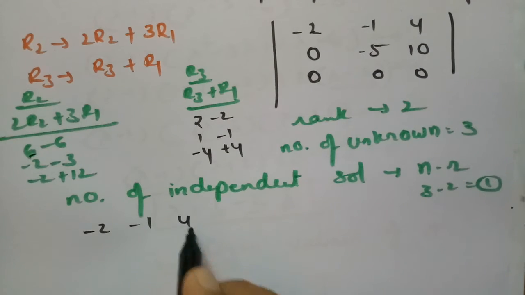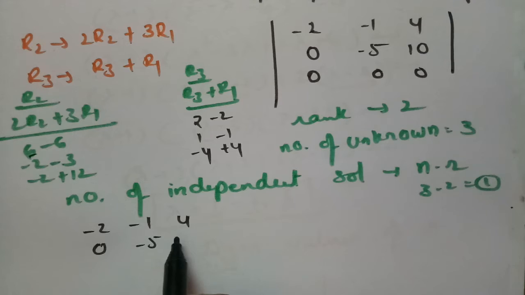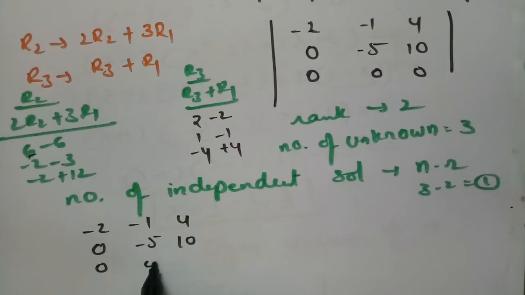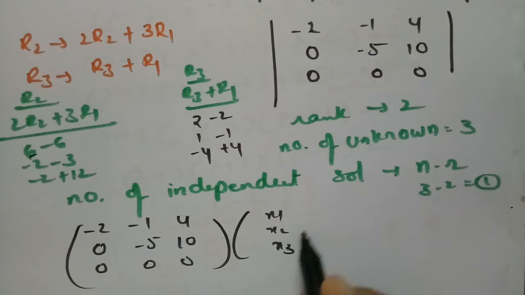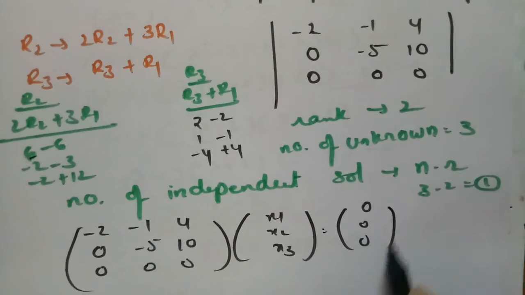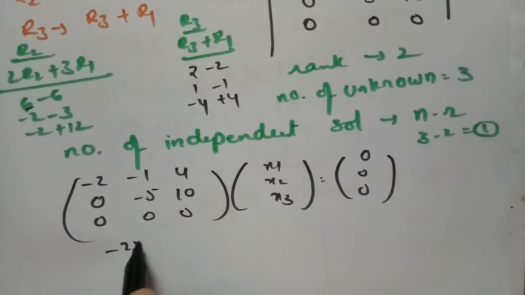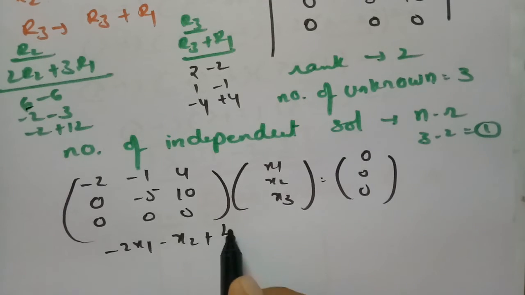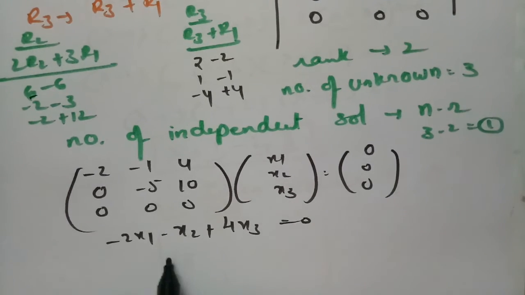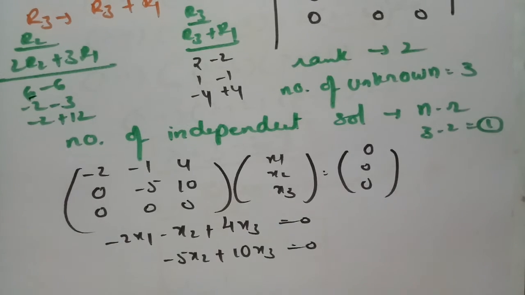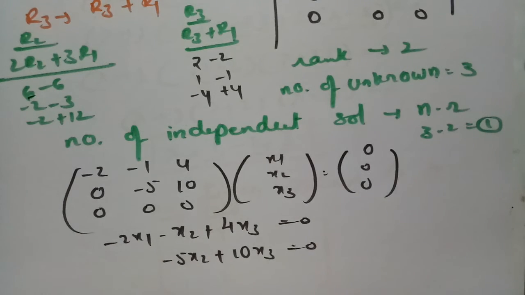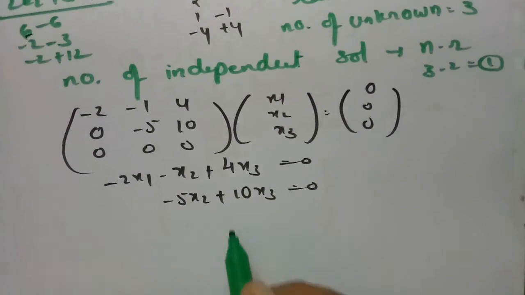So this is -2, minus 1, 4. This is 0, minus 5, 10, and this is 0 0 0. Into x1, x2, x3 is equal to 0 0 0. If I multiply, this is 2x1 minus x2 plus 4x3 is equal to 0. This is 5x2 plus 10x3 is equal to 0. So one independent solution we can choose of our choice.